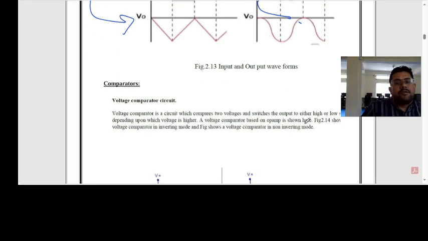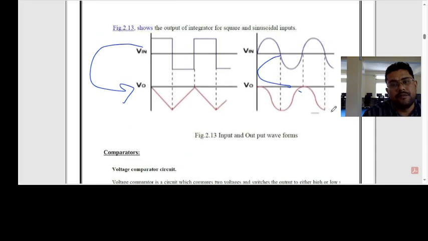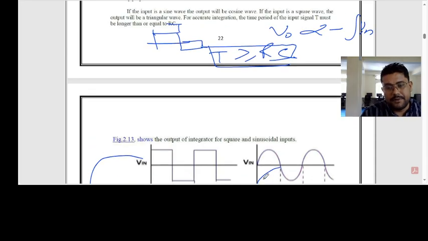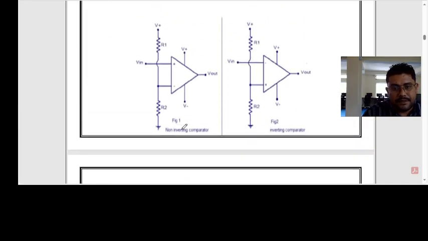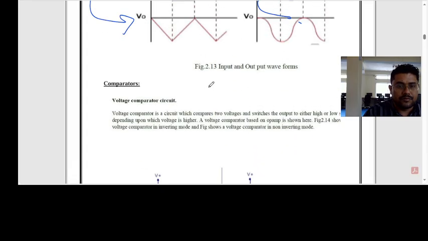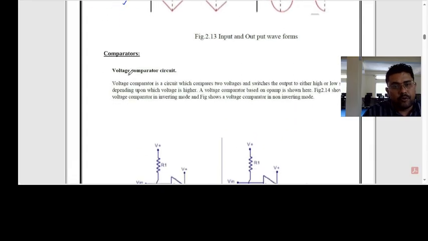Next we will discuss the comparator. Right now we have discussed the integrator and differentiator, then we will discuss the comparator. The voltage comparator circuit compares two voltages.